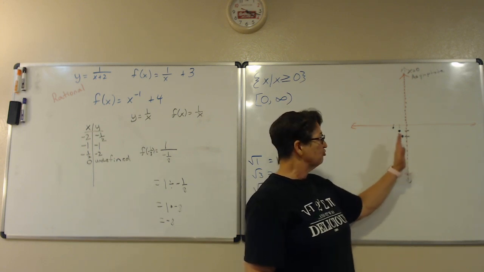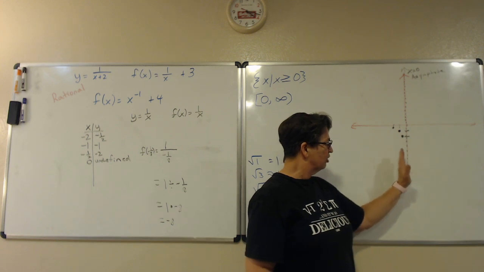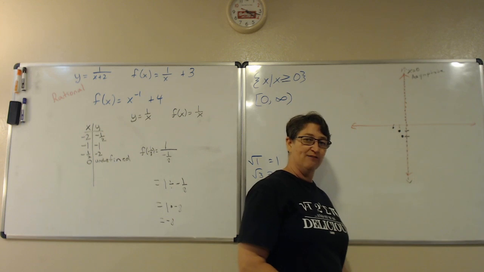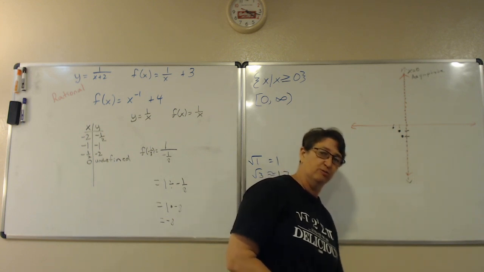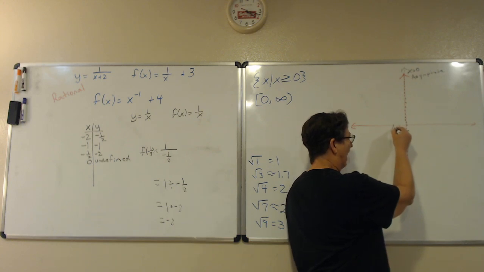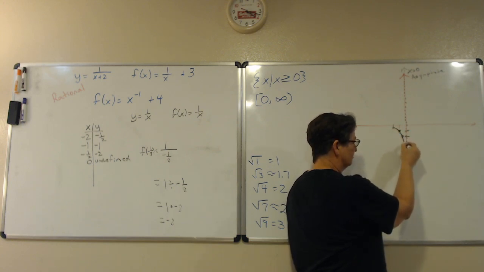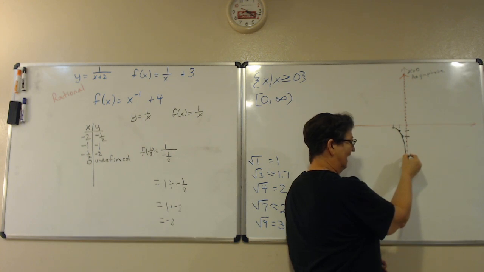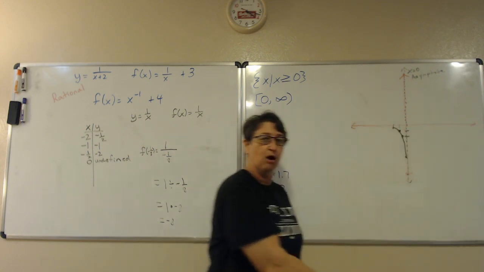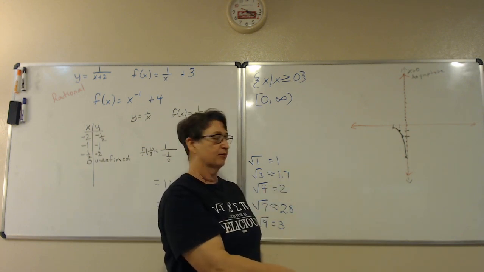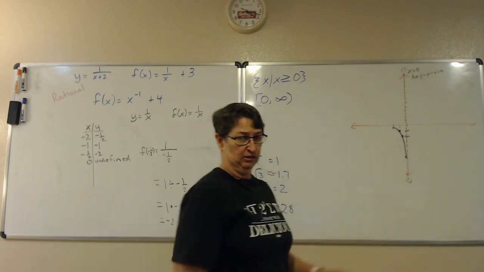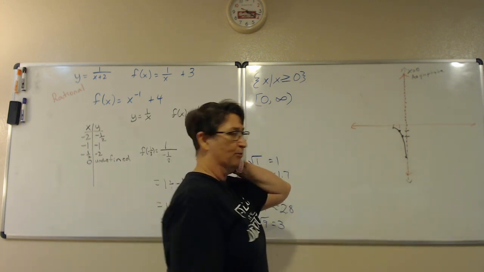So the closer we get to 0, the closer we get to this asymptote, the further down my y values go. They just get smaller and smaller and smaller. So as my x values get closer to 0, my y values get smaller and smaller. It gets really close to that line, but it never touches it because x can't be 0.